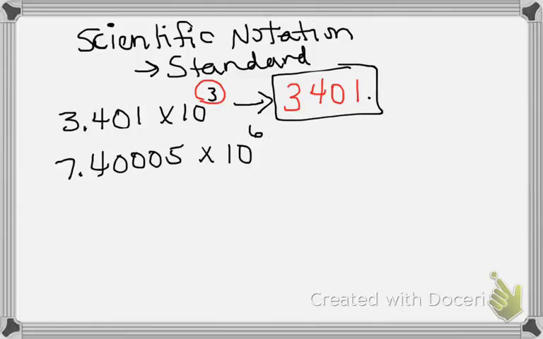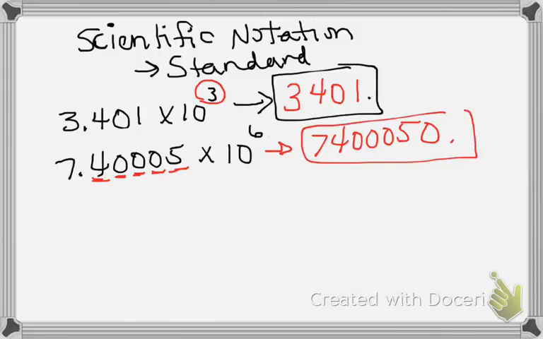So remember, the 10 means I multiply by 10 six times, or I could just move the decimal over. Since it's positive, I go to the right: 1, 2, 3, 4, 5. Well, this one's going to be a little bigger. It's going to be 7, 4, 0, 0, 5, and then 1, 2, 3, 4, 5. That means I have to add another 0, and then I'll put my decimal here. And so this would be my answer right here.